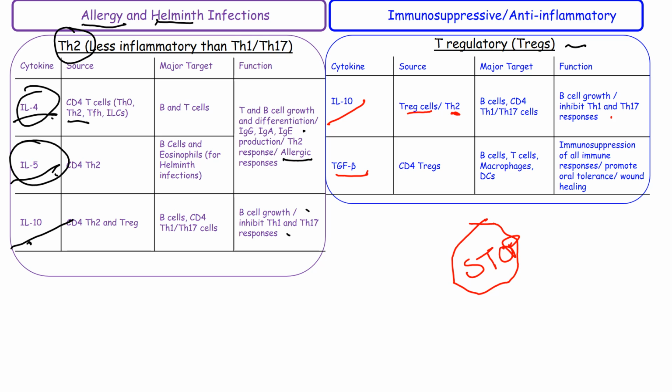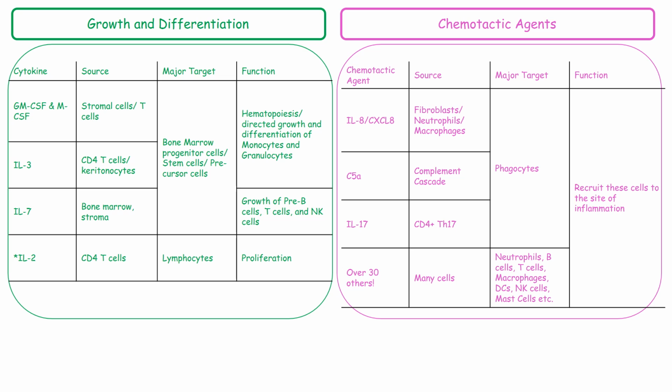Anytime you feel symptoms of illness, fever, aches, pains, sore throat, a lot of those actually have to do with the effects of your immune system, cytokines, and things of that nature. Until you stop them, you won't start feeling better. You won't get wound healing. You won't get resolution of fever. So we really need these T regulatory cells to put a stop to the inflammatory response that's been going on.